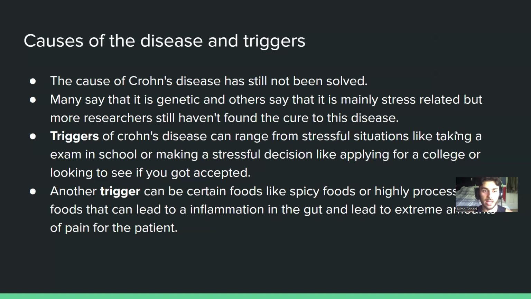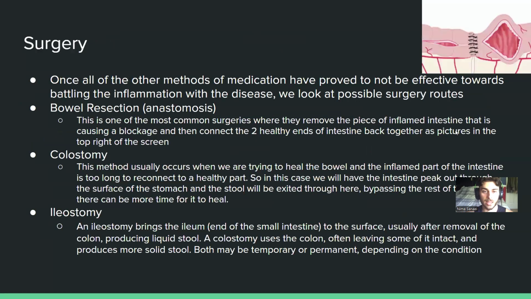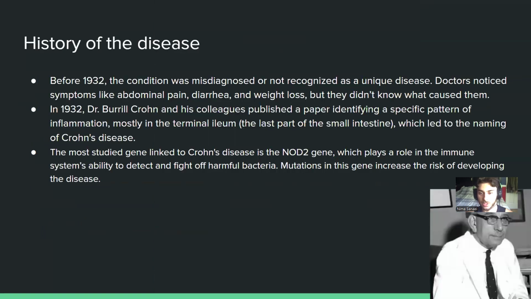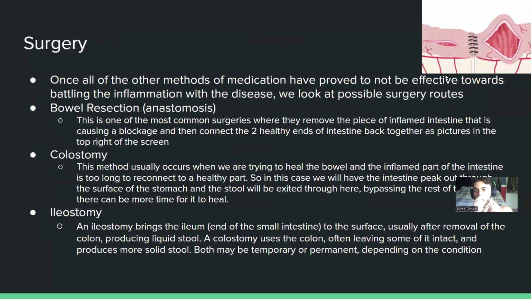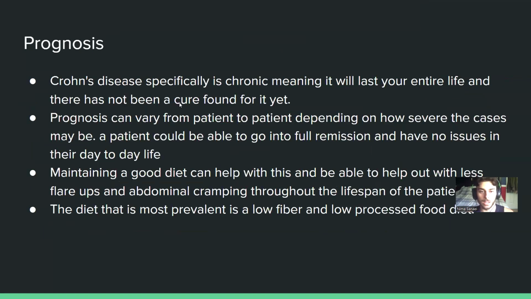I actually had an anastomosis, so I had to get the bowel resection. I was able to get the stricture part of my intestine taken out. So it was the bowel resection here, and from there I was able to make a full recovery, and I'm living a great life now, which I'm so thankful for every day.